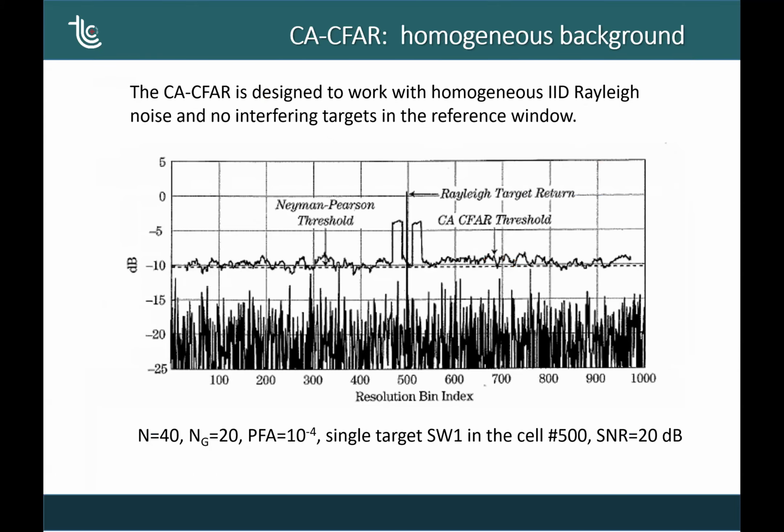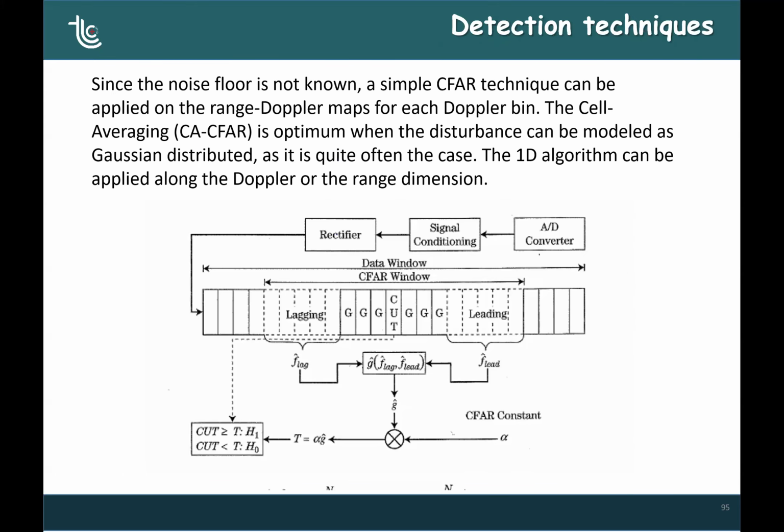Remember, guard cells, as you can see here in the figure, are the cells immediately surrounding the cell under test, okay? In the figures that we have seen so far, we were considering these guard cells.